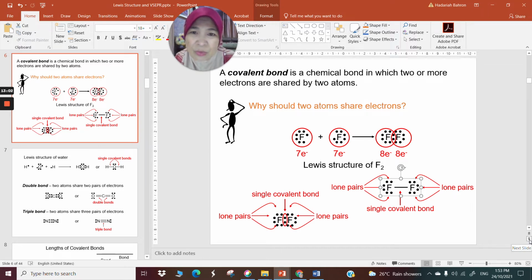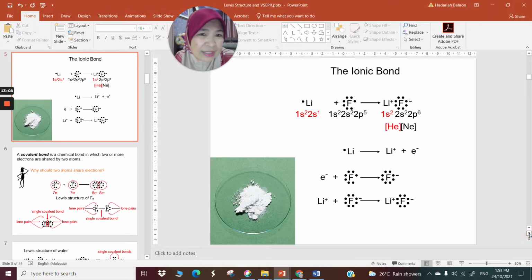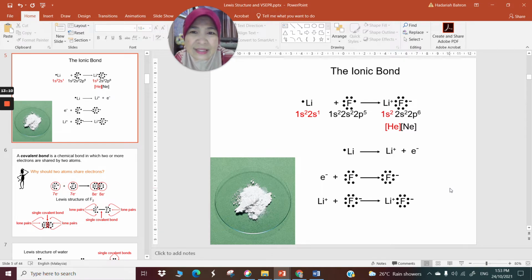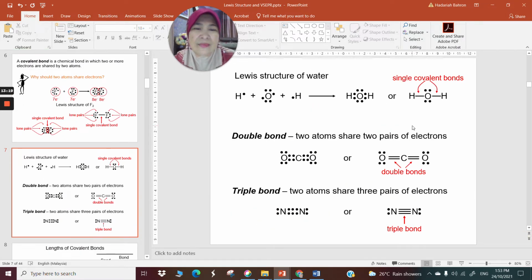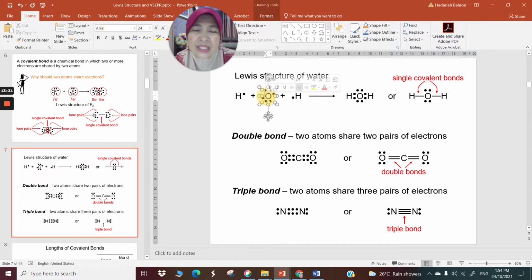So that is about covalent bonds. The octet is achieved through sharing of electrons, whereas in ionic bonding, in the previous slide, the octet is achieved by complete transfer of electrons. Right. Let's have a look at when you have two atoms of different types, for example, hydrogen and oxygen.